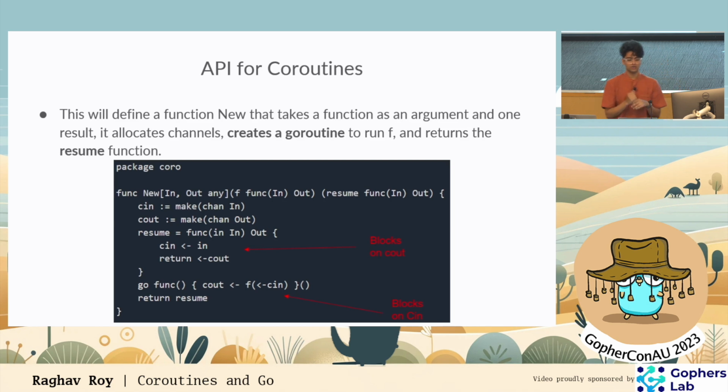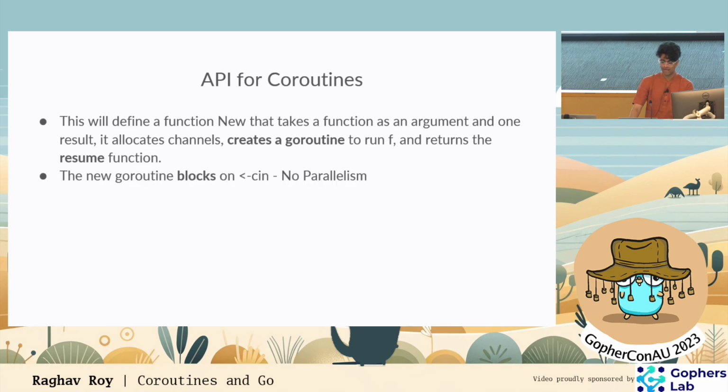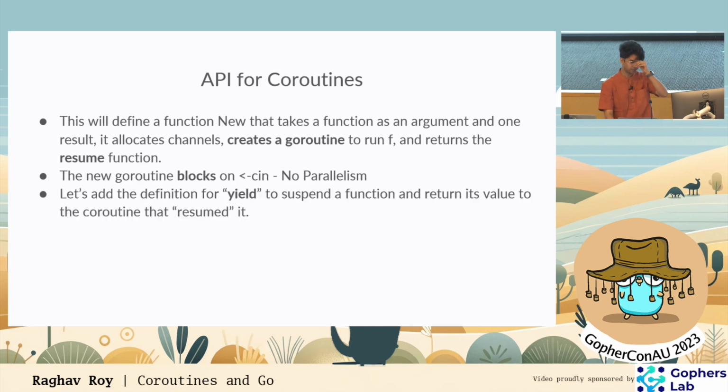So all your resume needs to do is unblock this Go routine by writing into cin, which starts your coroutine, or your Go, which is just a Go routine that's blocked on a channel, essentially. And once its function stopped running, it can write into cout and start running your resume function again, the caller again. So you have this sort of send-receive pair that's forming. The coroutine is blocked on cin, so there's no parallelism, which is another important thing.